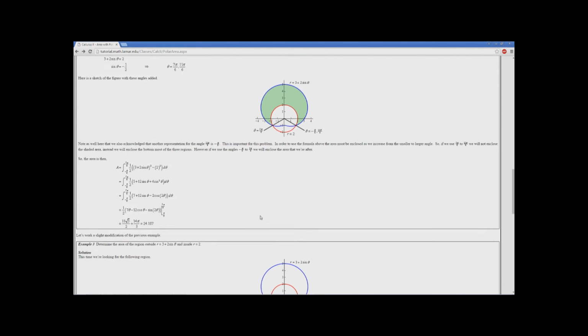So overall, this resource is probably the best resource besides the textbook for calculus with polar. And that's it.